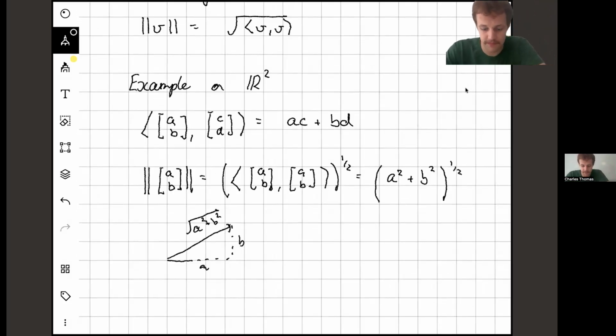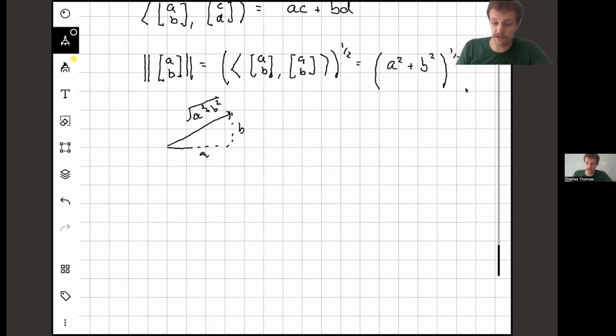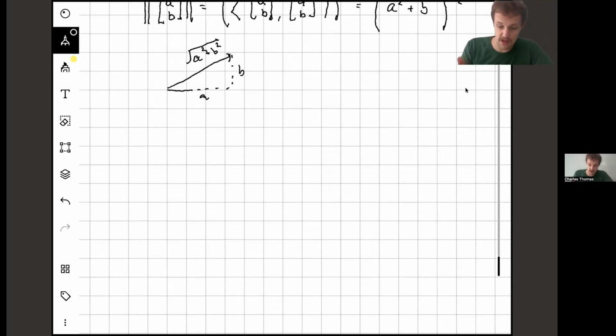Now, we can do another thing with this, which is that we can actually use an inner product to define the angle between two vectors.